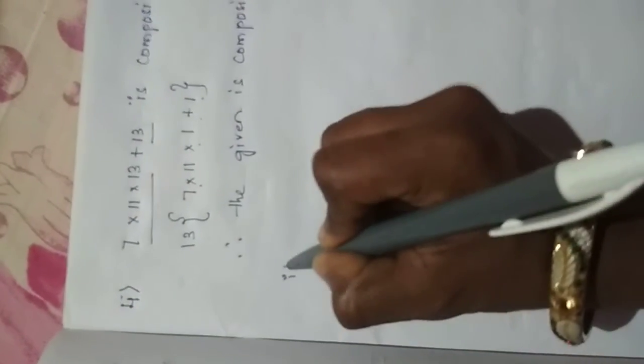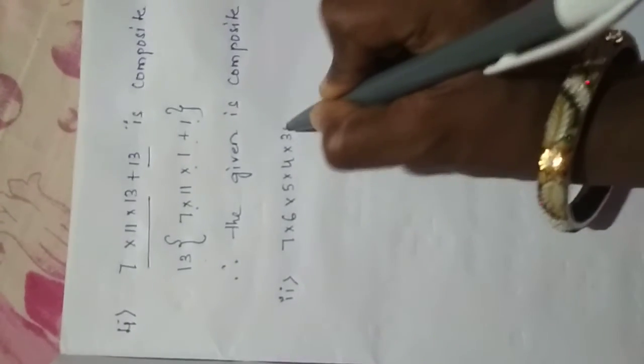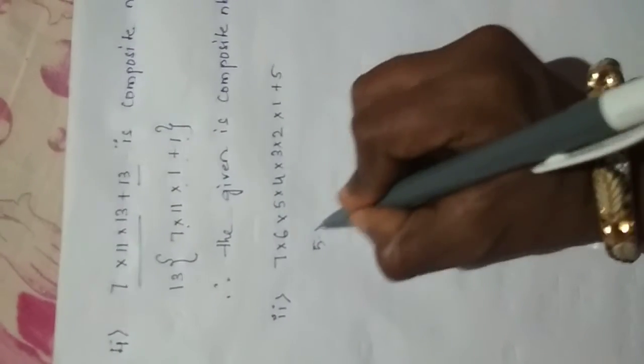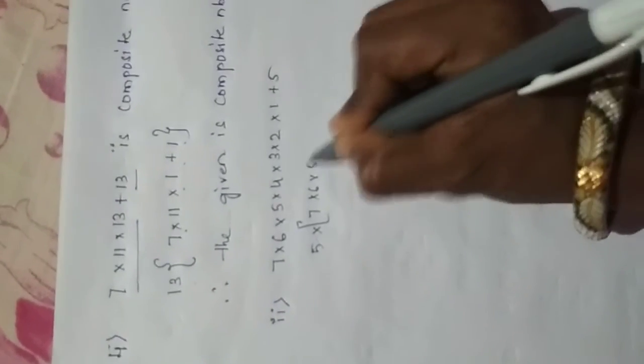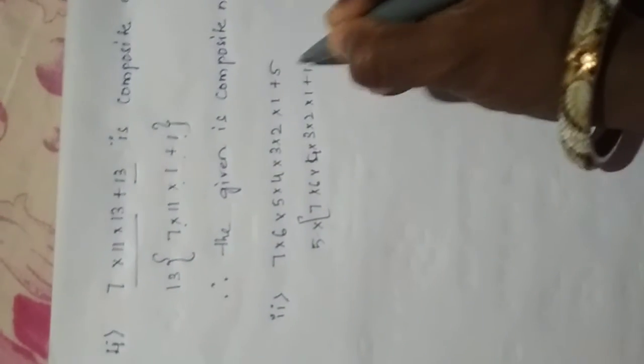In this only, second one, same. 7 into 6 into 5 into 4 into 3 into 2 into 1 plus 5. Can you see anything common? 5. If you take 5 common, 7 into 6 into 5 into 4 into 3 into 2 into 1 plus 1, right?